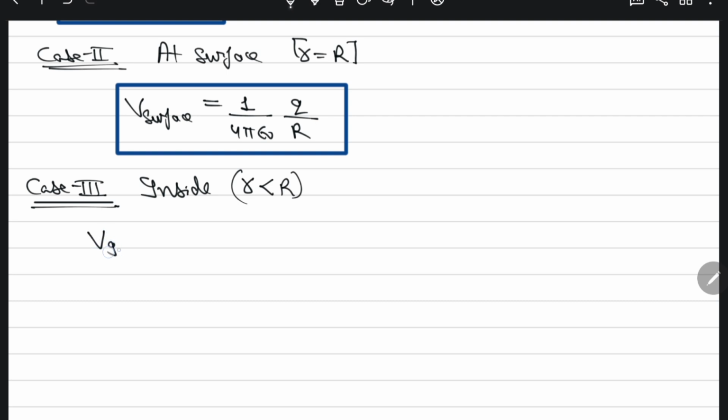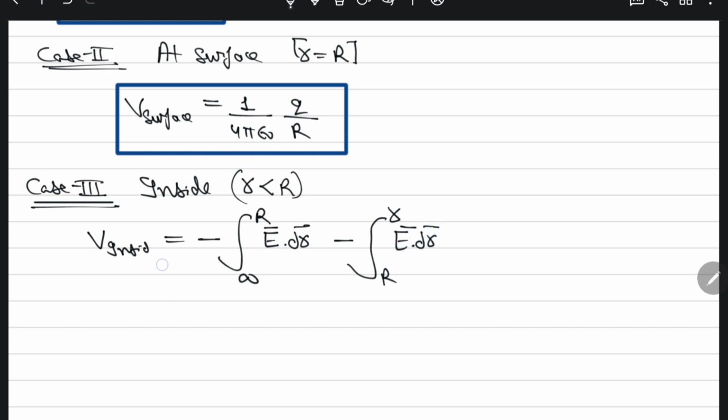For the potential inside, you find minus, first you reach from infinity to capital R, the integral of electric field E dot dr, and then you reach from capital R to small r, electric field dot dr, right?